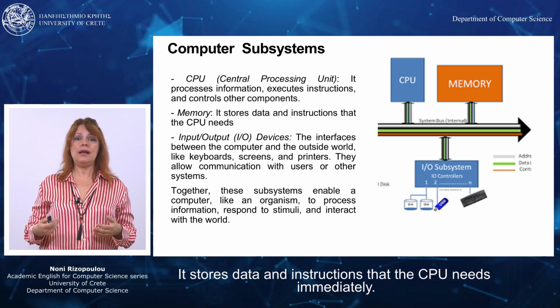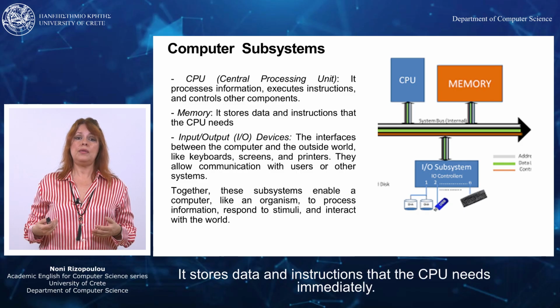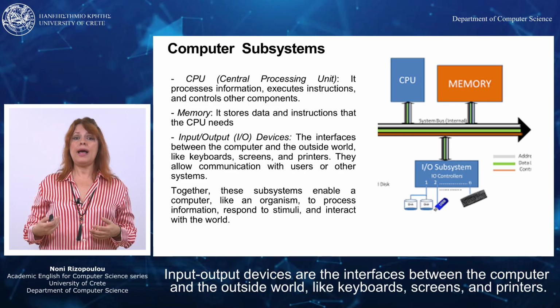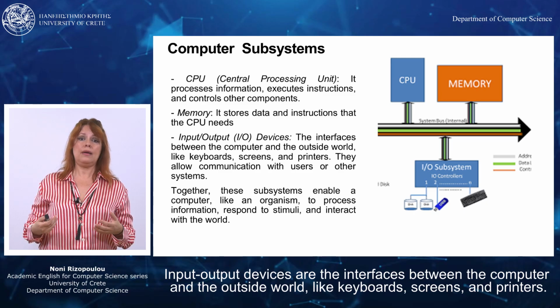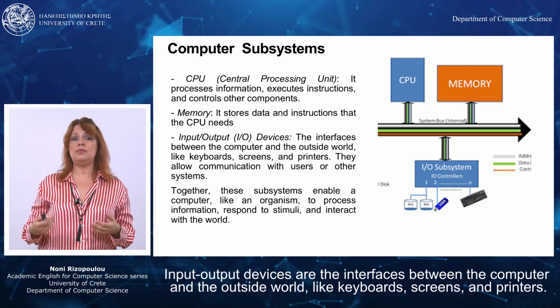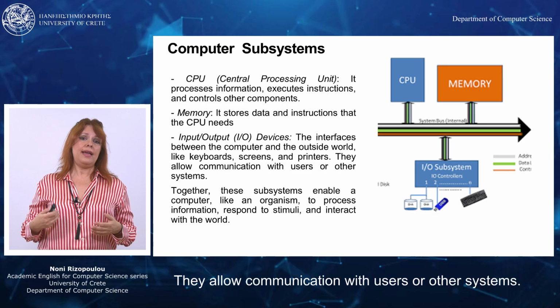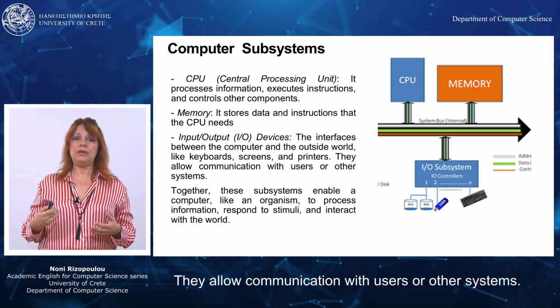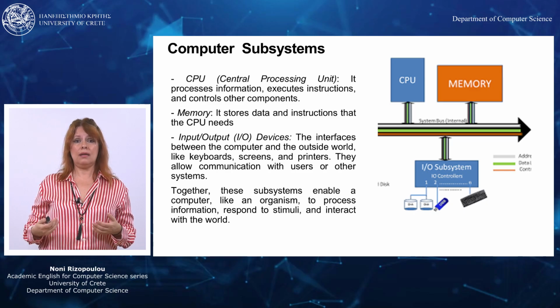It stores data and instructions that the CPU needs immediately. Input-output devices are the interfaces between the computer and the outside world, like keyboards, screens, and printers. They allow communication with users or other systems.